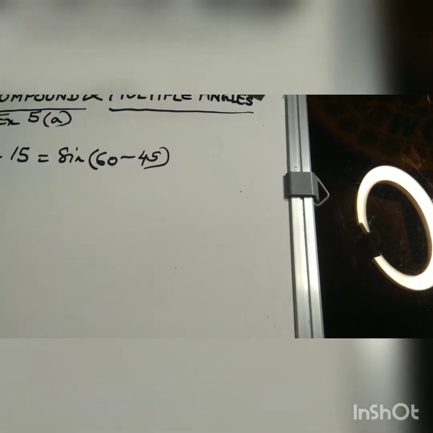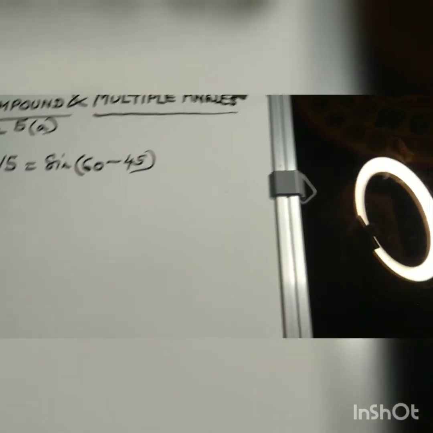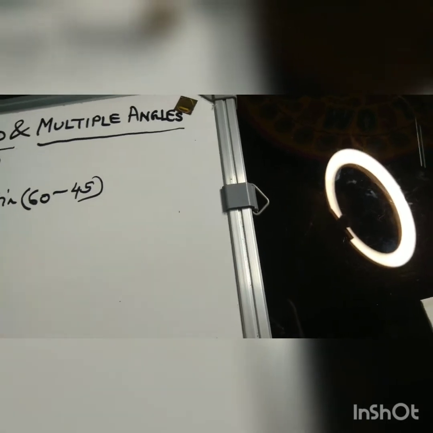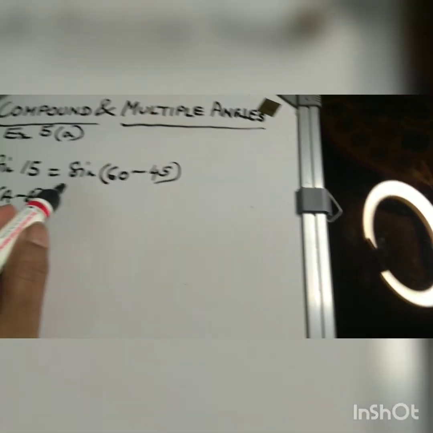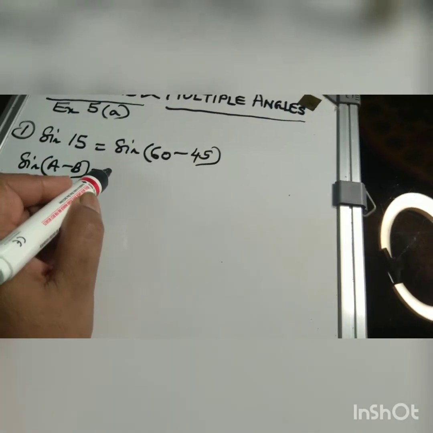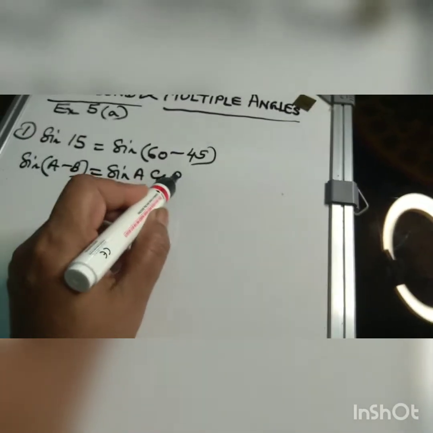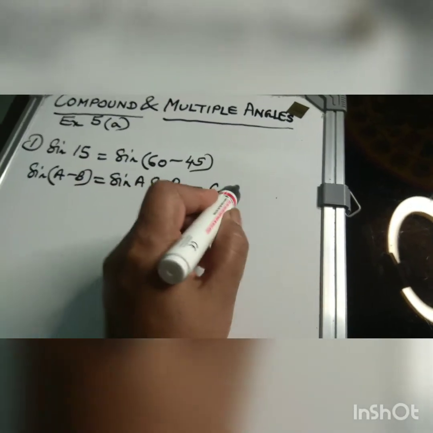Now you can recollect the formula: sine of a minus b is equal to sine a cos b minus cos a sine b.